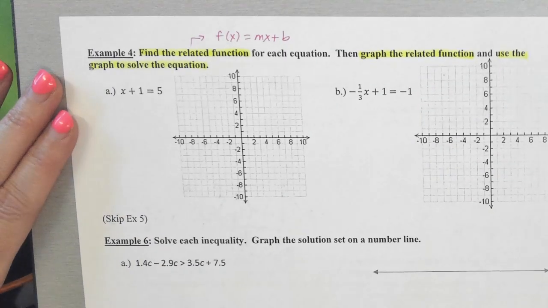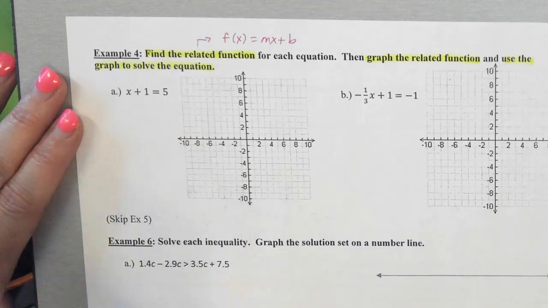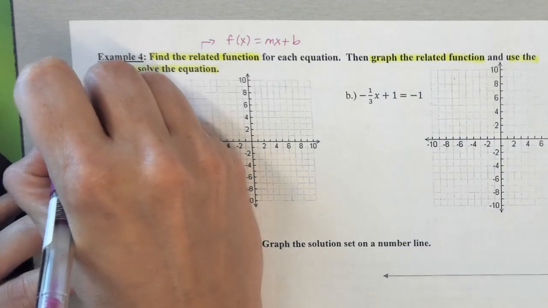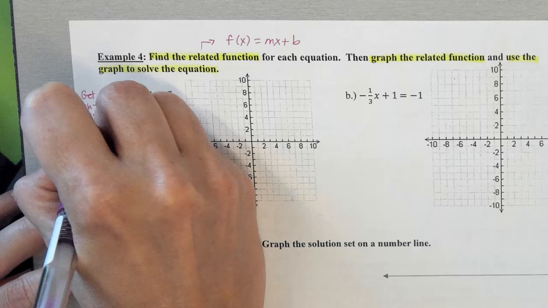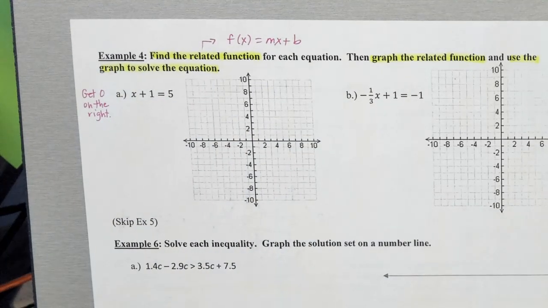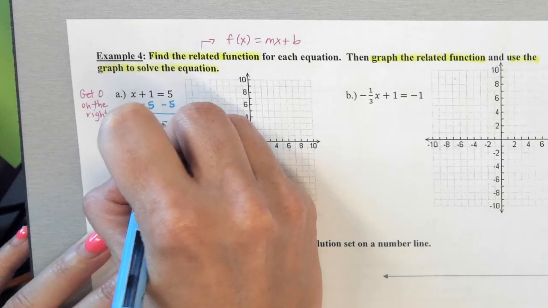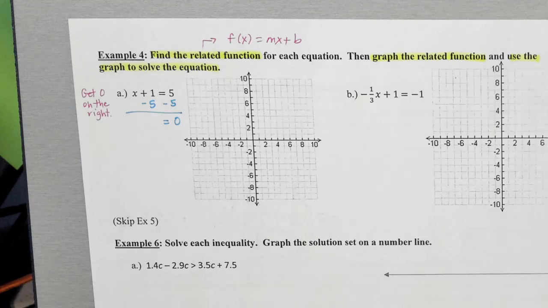Okay, so the first thing we're going to do for the related function is we are going to move everything to the left side to get 0 on the right side of the equation. Okay, so every time you do this, we want a 0 on the right side. So in order to do that, we're going to subtract 5 from both sides. I like to line mine up under the like terms.